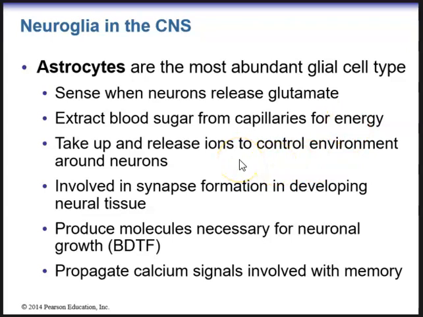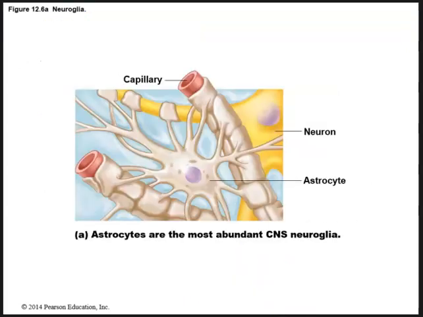They are involved in synapse formation and developing neural tissue, produce molecules necessary for neuronal growth, certain factors, and also help propagate calcium signals involved with memory. Here is a typical astrocyte providing support for the actual neuron. Again, these are the most abundant of the CNS neuroglia.